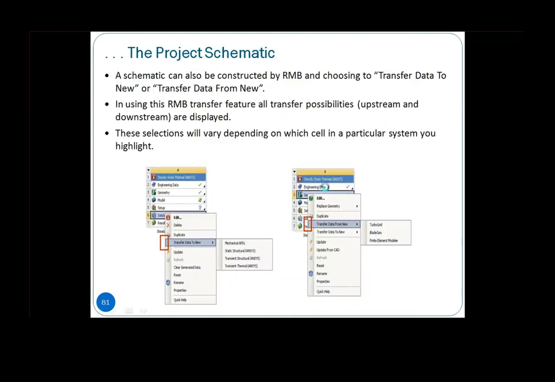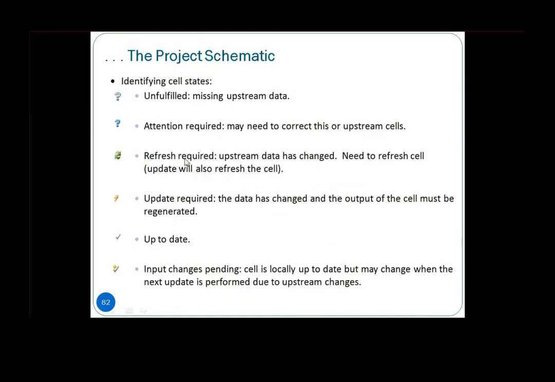So these are some of the icons to identify what is the problem. We would want to see this up to date, meaning everything is rerun or completed. So in the case you see this attention required, meaning you need to do something.